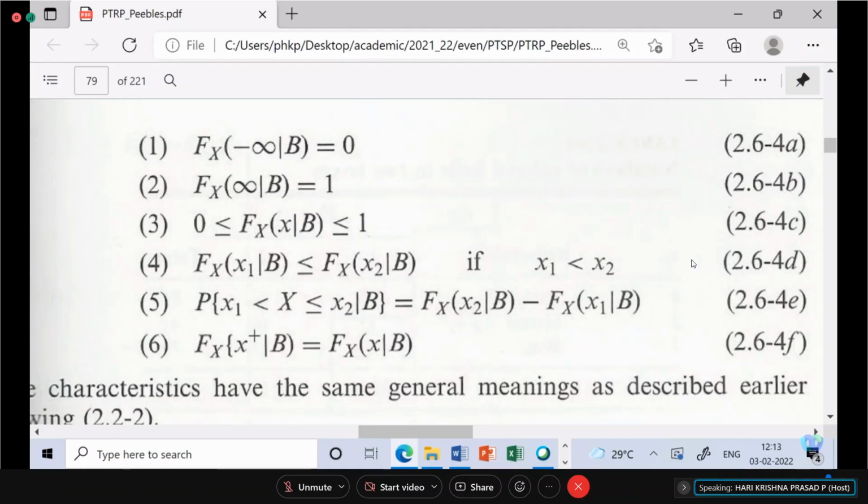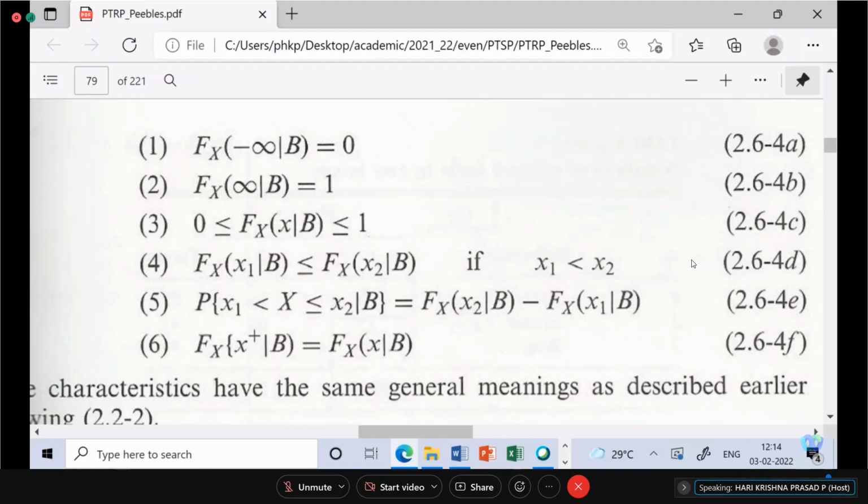Is it okay? It is a non-decreasing function of x. When it comes to the fifth property, what is the fifth property? The random variable is lying in a range, the lower limit of the range is small x1, the higher limit is small x2.